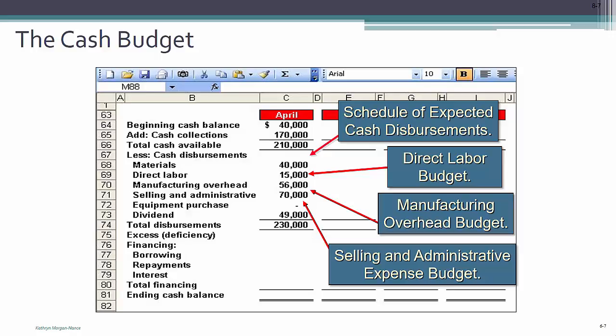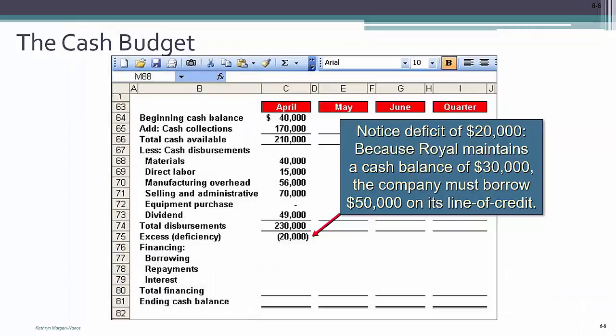Remember that? Please refer back to your notes from the prior videos to verify those amounts. According to our facts, during April, the Board of Directors paid a cash dividend of $49,000. Total cash disbursements for April total $230,000, and we have now completed the second major section of the cash budget.